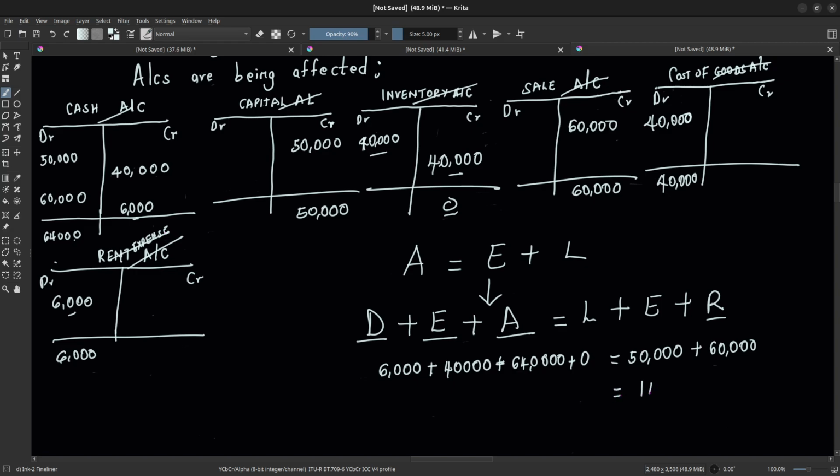On this side, we will have 50 plus 60, that is 110,000, and then here we have 70 plus 40, that as well makes 110,000. The question is, is this not balanced? It is balanced. Remember, as I mentioned, the accounting equation is the principal rule that you should make sure is being followed every time.